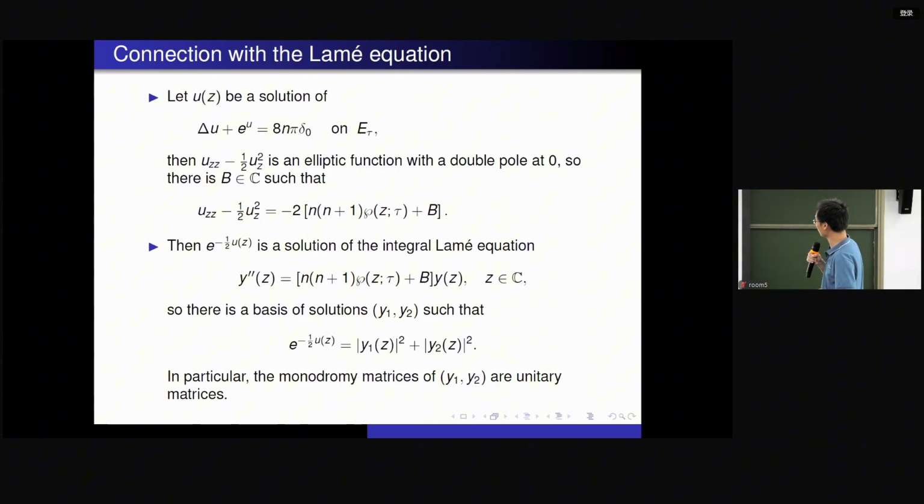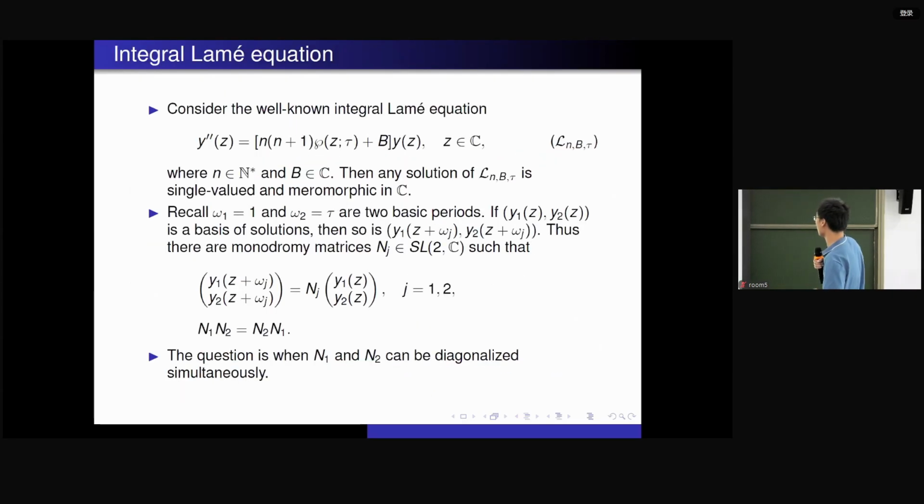And from here, you can see the monodromy matrices of y1, y2 are unitary matrices. What I mean by monodromy matrix: for this Lamé equation, although the potential has a singularity at 0, you can prove that any solution of this Lamé equation is single valued near the singularity 0. That is, 0 is not a branch point.